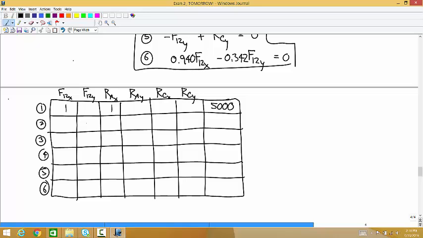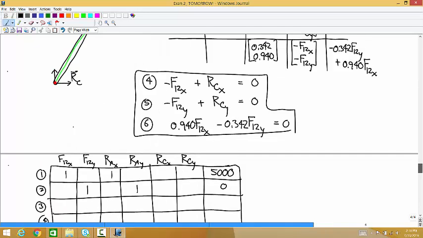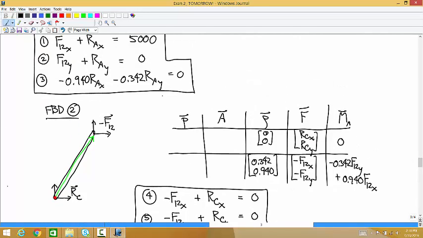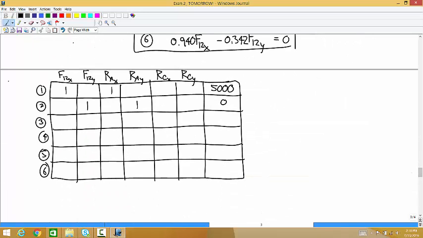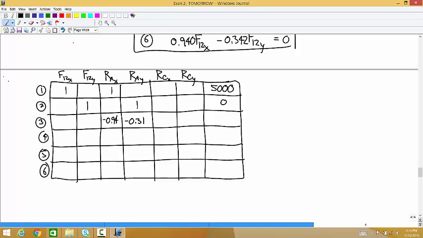Equation 2 says F12y we have 1, RAY we have 1, the constant is 0. Equation 3 says RAX we have negative 0.94, RAY we have negative 0.342, and the constant is 0.